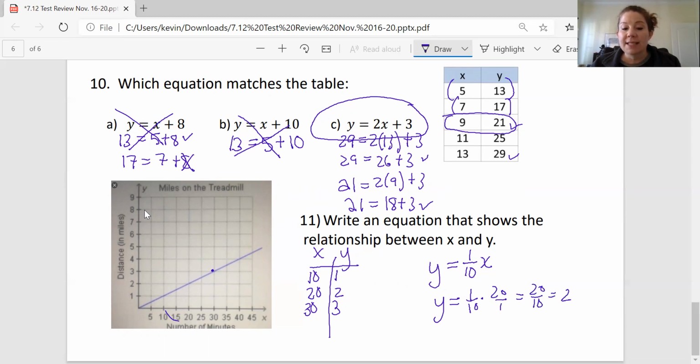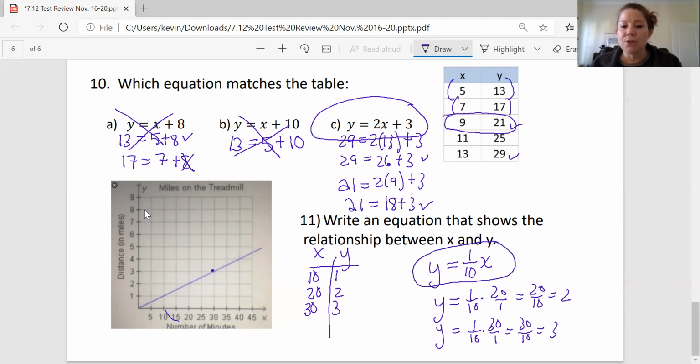If X is 30, Y is equal to 1/10 times 30 over 1, and 30 tenths is 3. So I didn't mean for that one to be a fraction, but it actually turned out to be a fraction.